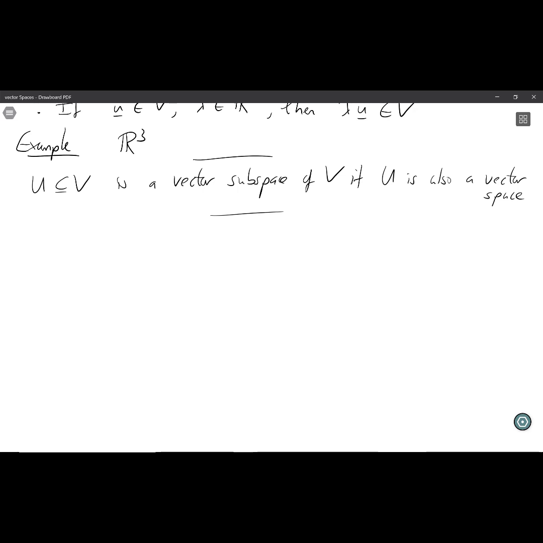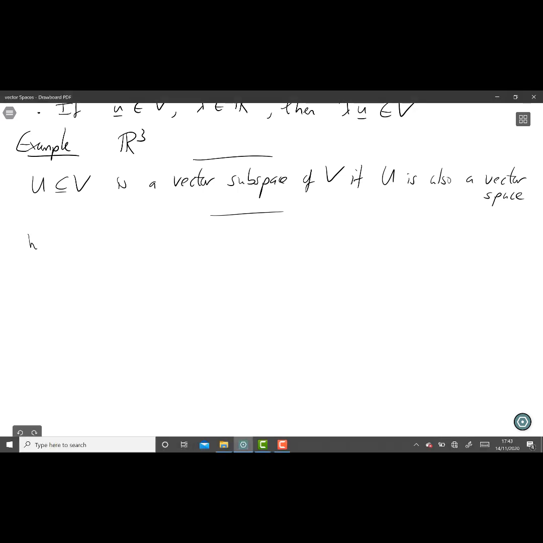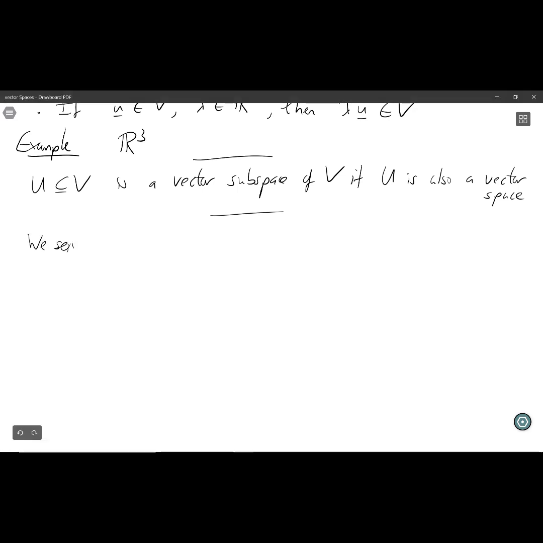One of the concepts we're going to need is the concept of a basis of a vector space. And in order to define what a basis is, we first need to define what linearly dependent and linearly independent means. So first of all, we say that a set of vectors V1 up to Vn, say, are linearly dependent if we can write one of the vectors in terms of the others.